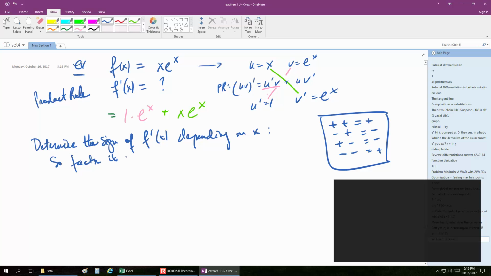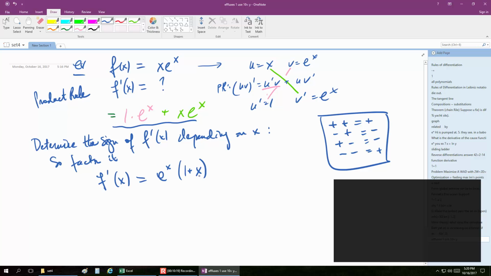So we factor it instead of keeping it as is. It's easy to factor. What do I get? e to the x times x plus 1, or 1 plus x. Let's make it 1 plus x.